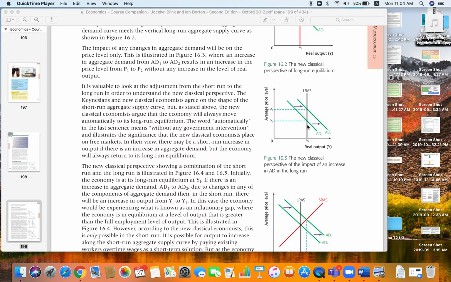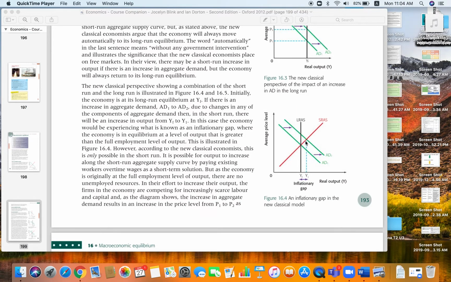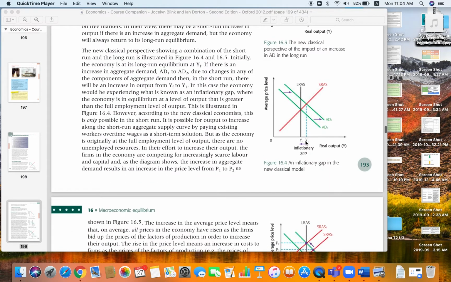We go from P1 at the original AD1 up to P2 at AD2 because there's more demand now. So obviously prices will have to rise because there's still the same amount of resources. The real output remains the same. So the new classical perspective shows a combination of the short run and long run, and you can definitely see it illustrated in the two models.